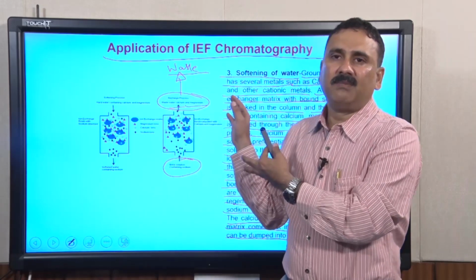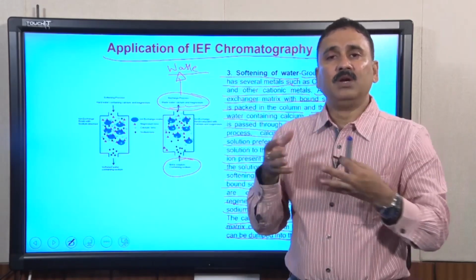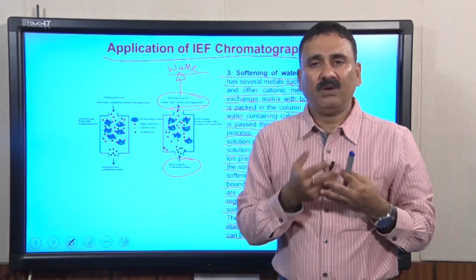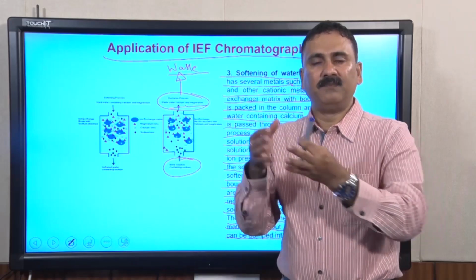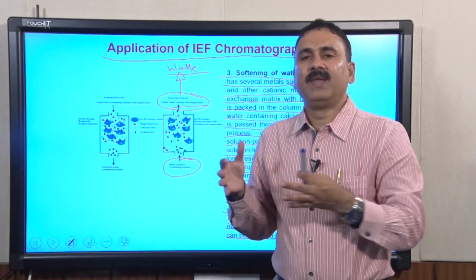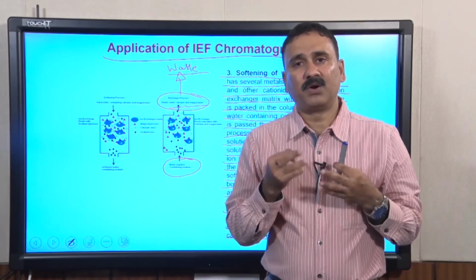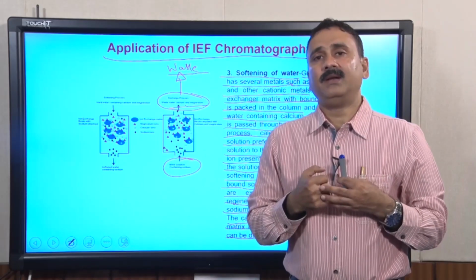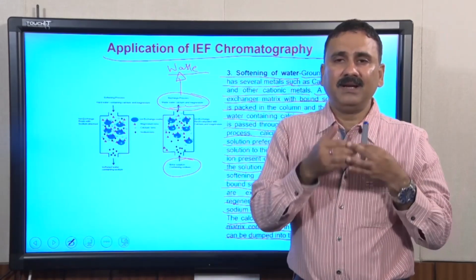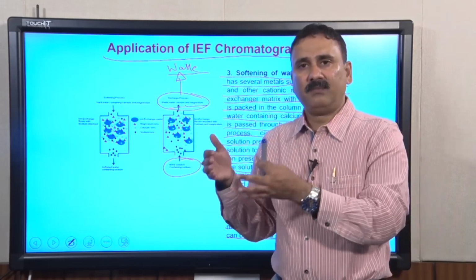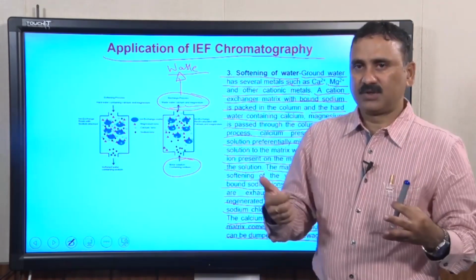We have taken one example of daily use where you can use ion exchange chromatography to purify the water and make hard water into clean water, and you can remove the contaminating metals, because all these metals are toxic for human beings. So, this is all about ion exchange chromatography and its application in biotechnology related processes. Now, let us move on to the next chromatography.